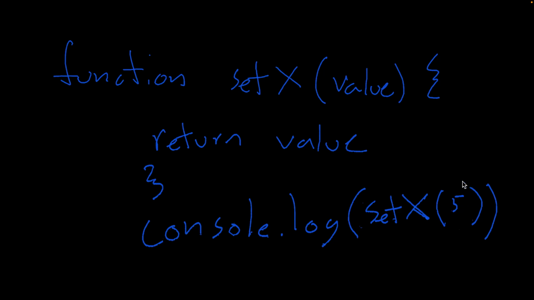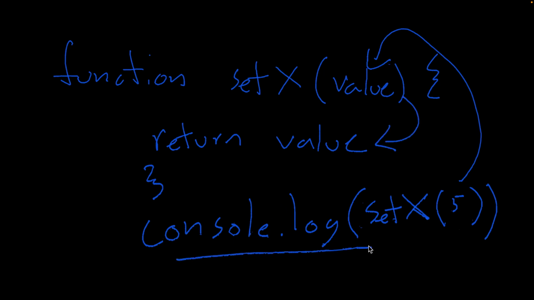This 5 will pass into this value. This value will give it here in the return. So when we console log this function with the 5, then we are console logging the function call. And what we say is when we have a return, it gives value to the function. So when we console log this function, we're console logging 5.